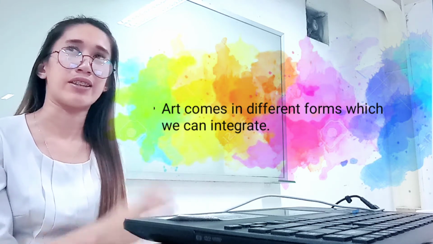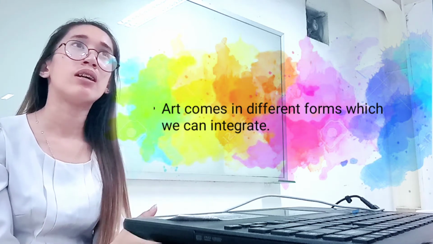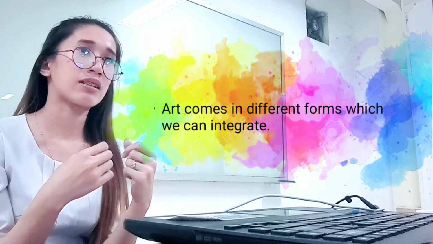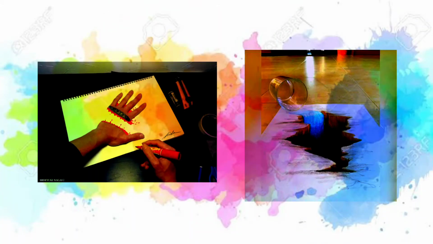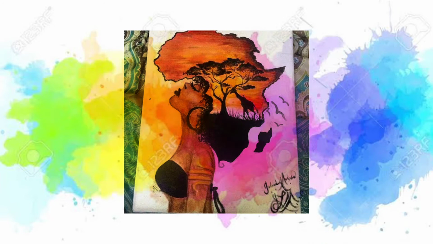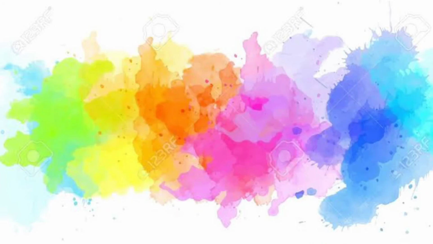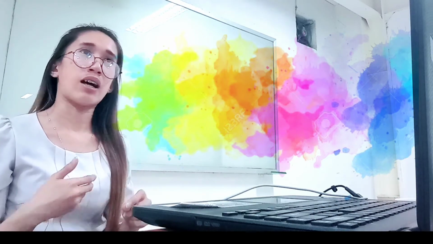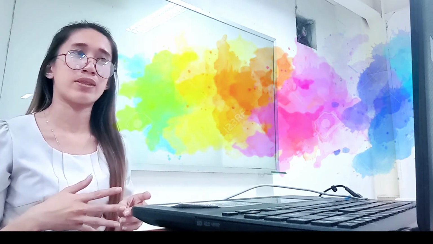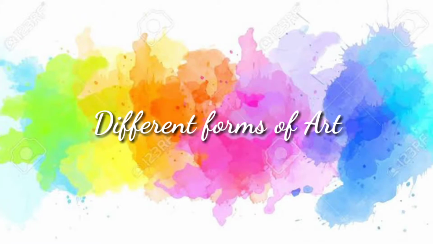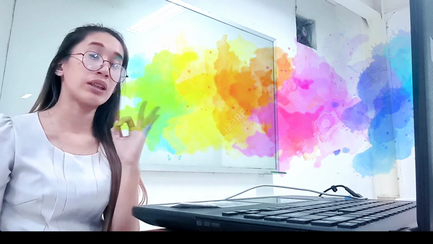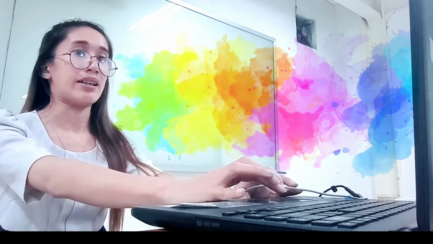Well, that's art, and art is so flexible and adaptable in terms of how we use art in certain situations like that. Okay? And we're going to discuss the different forms of art. So we can classify the forms of art into three kinds.